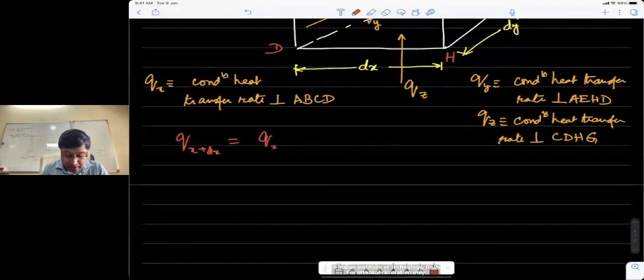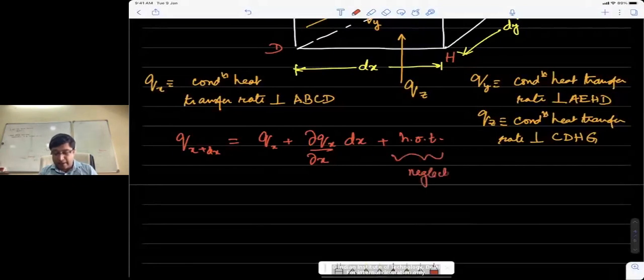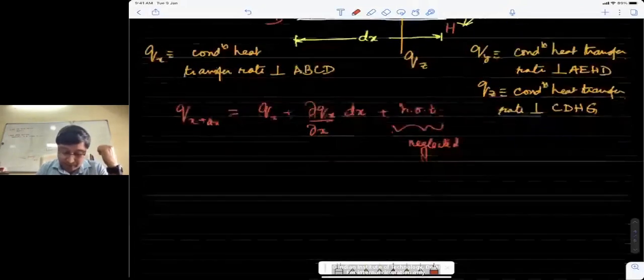So we could write this as Qx plus dqx/dx times dx plus higher order terms, which would be second order, dx squared, dx cubed, and so on, except that we are working with differential systems, so these would be neglected. So we will linearize, as we do very often in calculus, to the first derivative only.